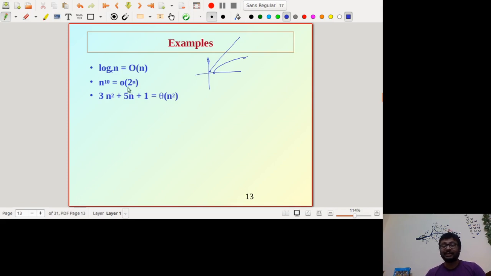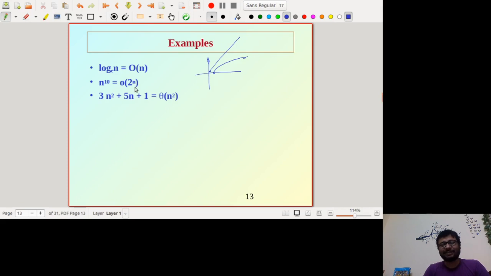n to the 10 is little o of 2 power n. n to the 10 looks like a very fast function, a degree 10 polynomial, but the right hand side is an exponential function of n. It's 2 power n. n is in the exponent. Here n is in the base while the exponent is a constant. Here the base is a constant while the exponent is n.